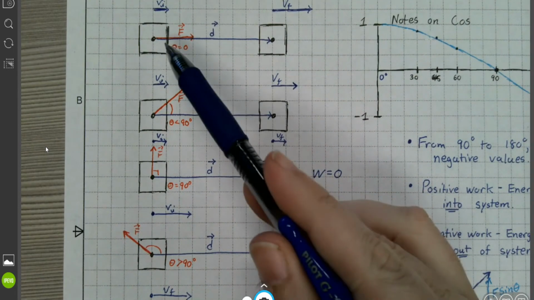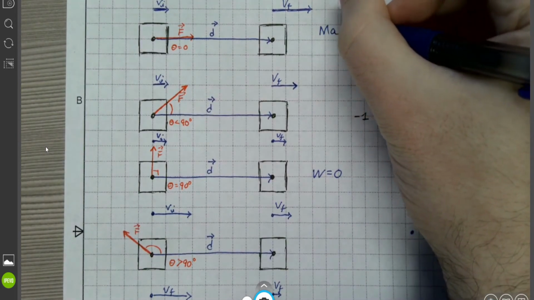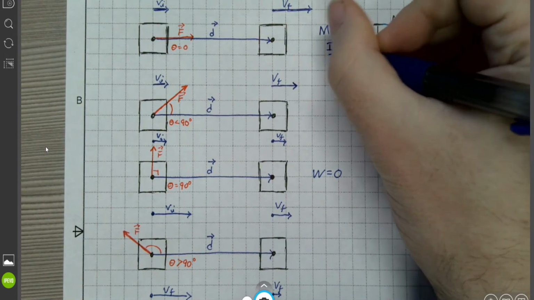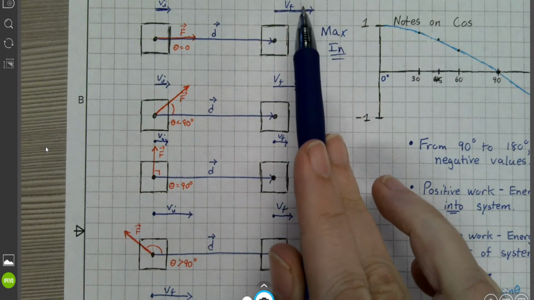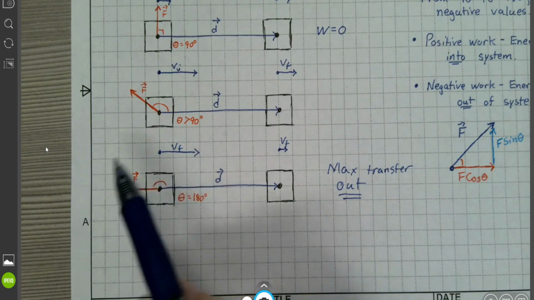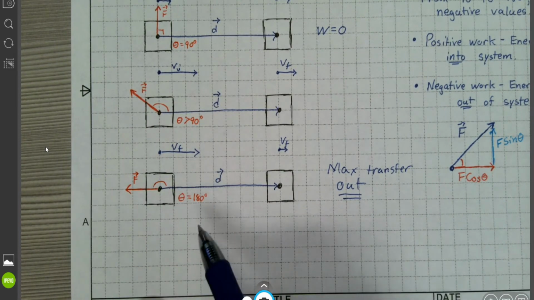Whereas the one up top, where they were in line with each other, this is going to be the max transfer of energy in to the system. So if they're in line with each other, this will give you the greatest change in velocity. If they are opposite from each other, this is going to give you the greatest decrease in velocity, or the greatest change in velocity in the opposite direction from what you were intending.